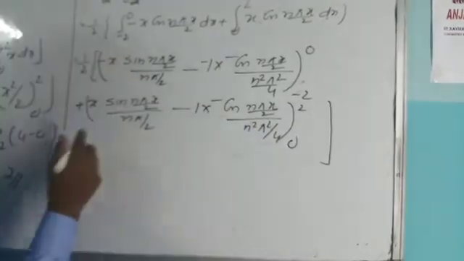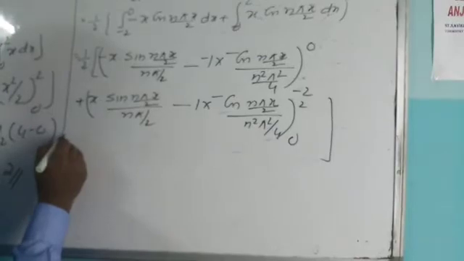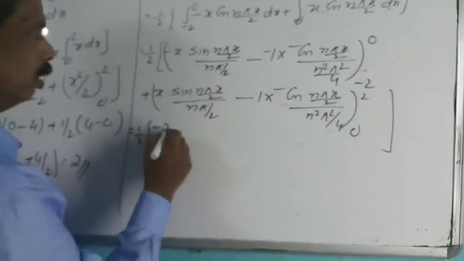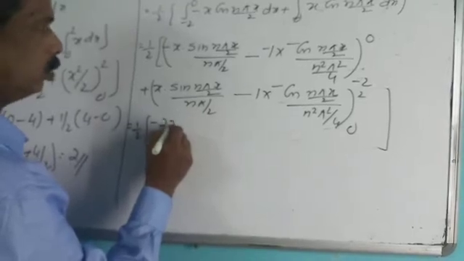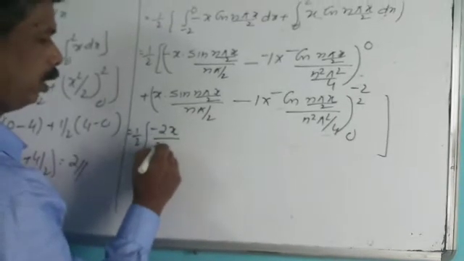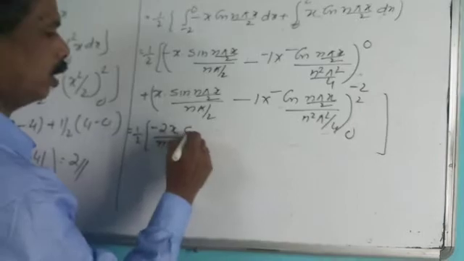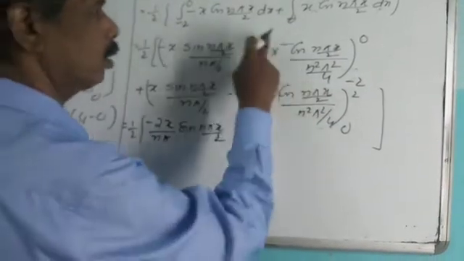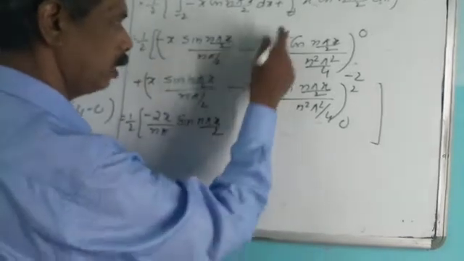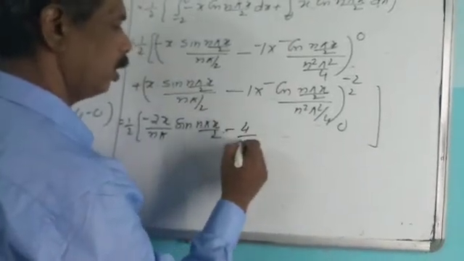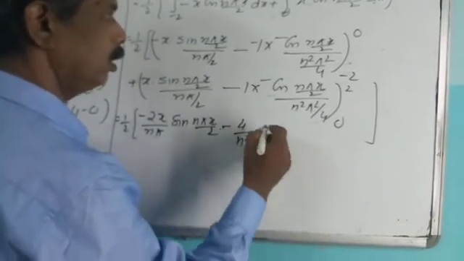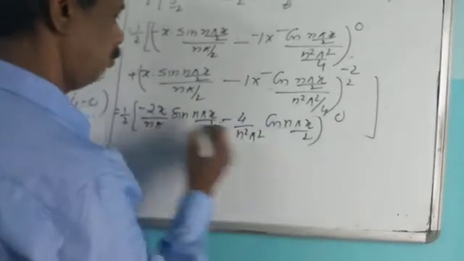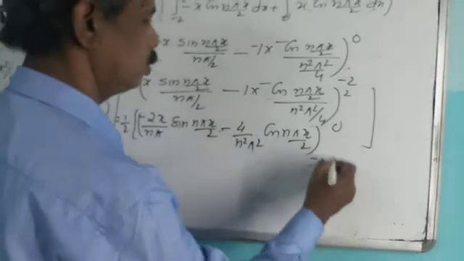Then apply the upper limit and lower limit. That is 1 by 2 into minus 2x by n pi into sin n pi x by 2, this comes in the numerator, then minus becomes minus 4 by n square pi square cos n pi x by 2, with limits minus 2 to 0.